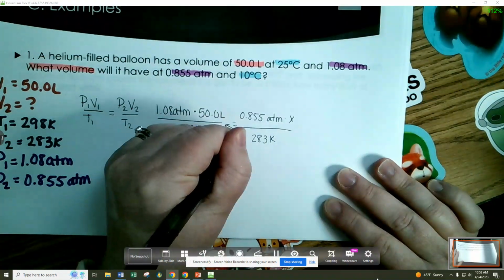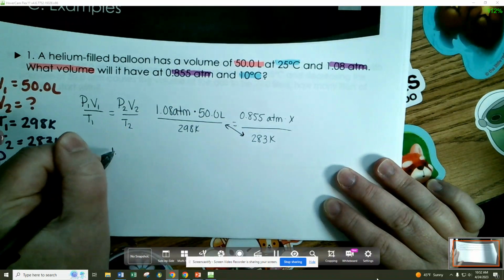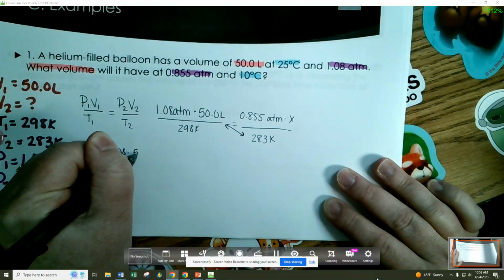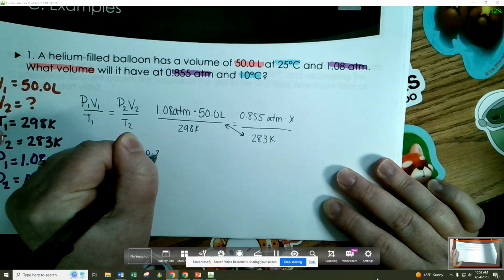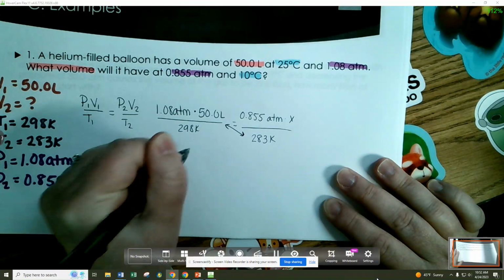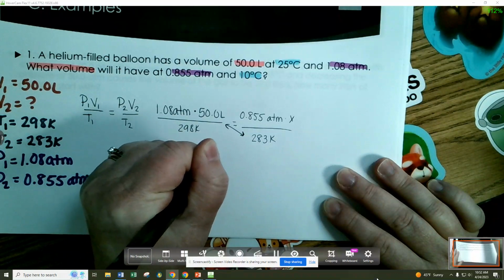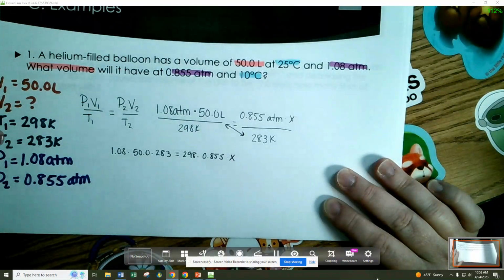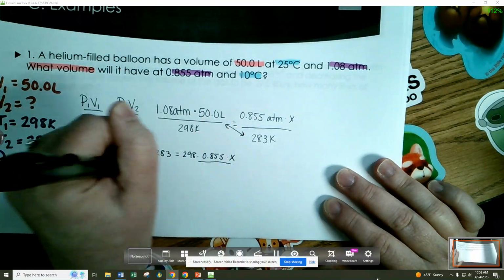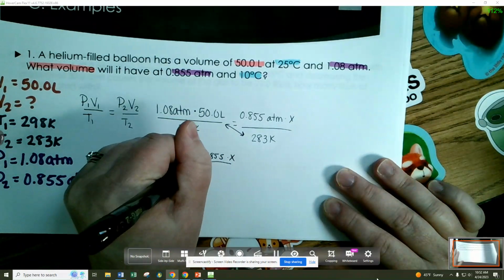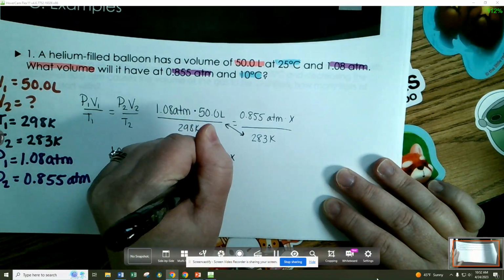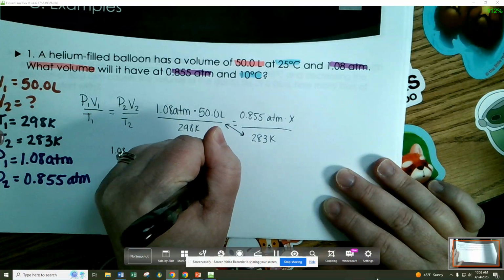Again, cross multiplying here to solve, I get, okay. Working on getting x by itself. Work smarter here, not harder. And we're going to go ahead and divide by both variables.